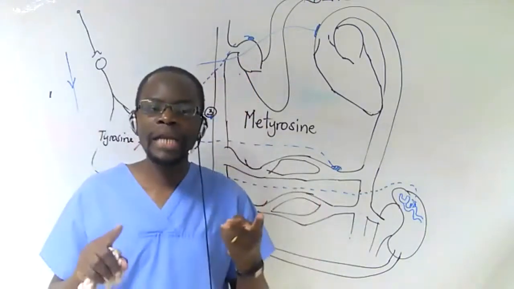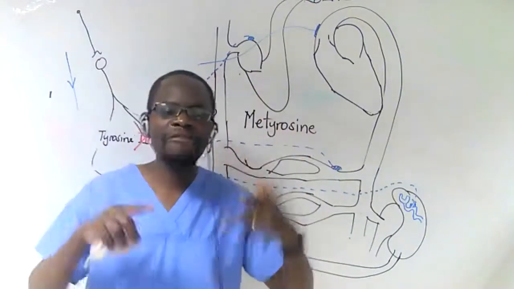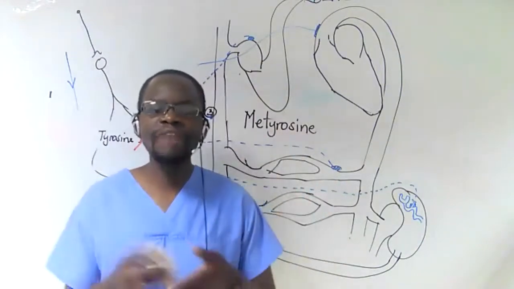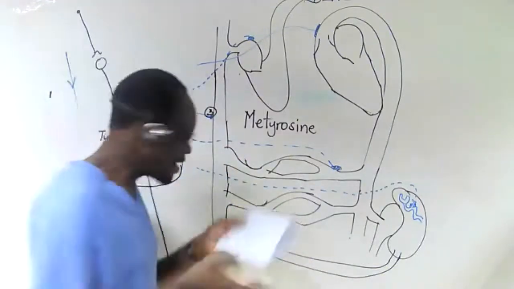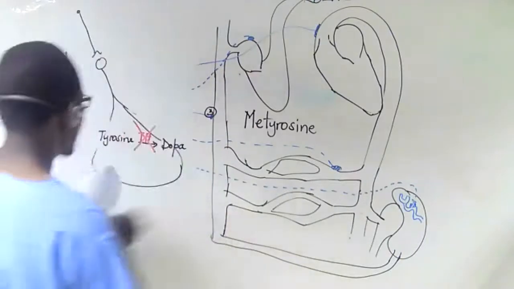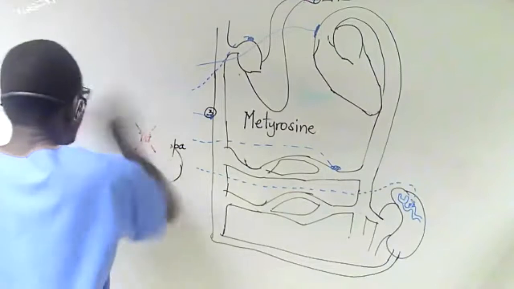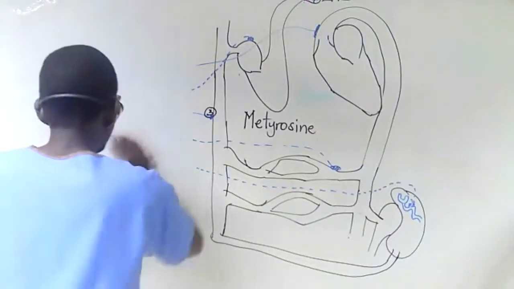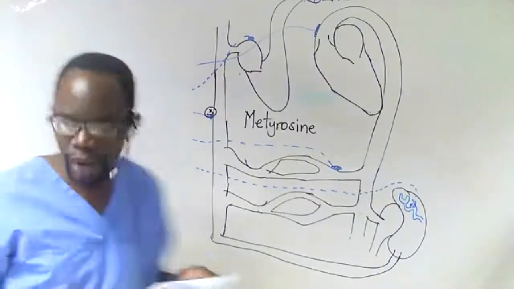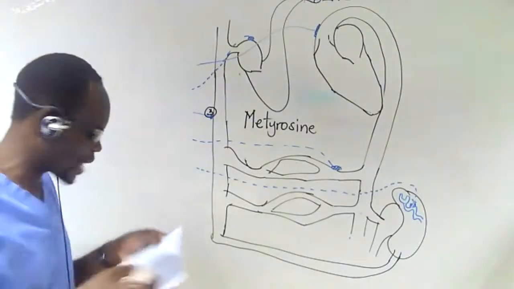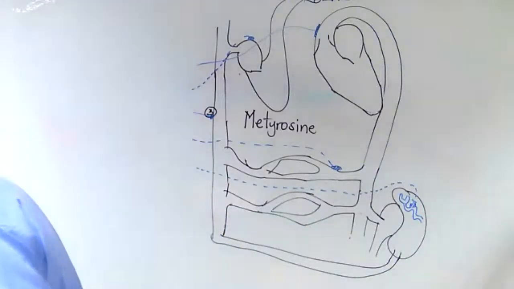Alpha is divided into alpha 2 and alpha 1, and beta is divided into beta 1 and beta 2, as we are going to see. Once we talk about adrenergic receptor blockers, we are basically referring to this point here.